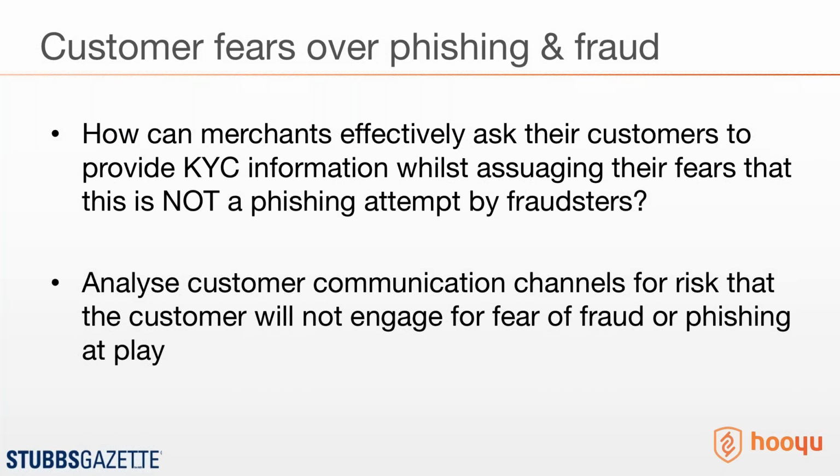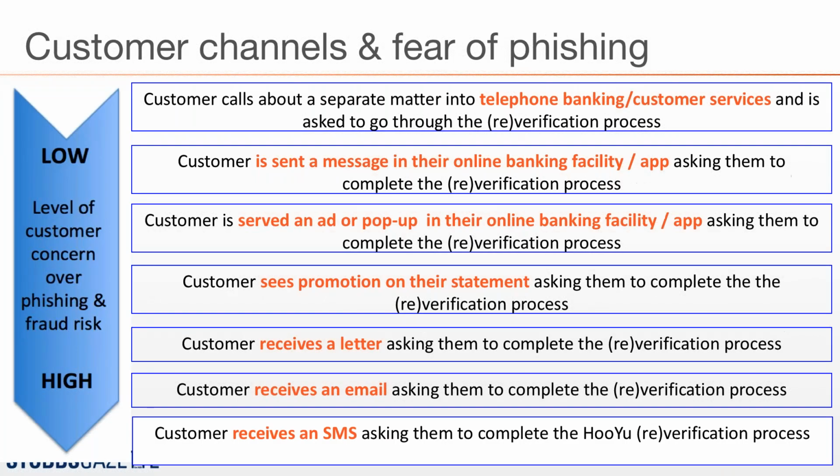So if we look here at this chart, this shows the different ways that customers or members might interact with their credit union or their bank. So at the top is what we call the lowest risk of concern over phishing and fraud risk. And then as we go down the slide, the channels become progressively higher in terms of the perception of risk of phishing or identity fraud.